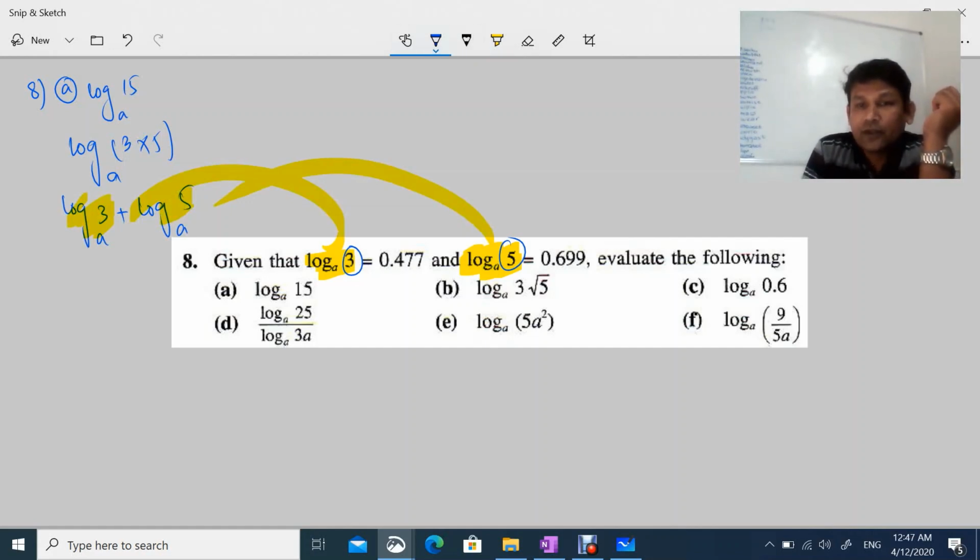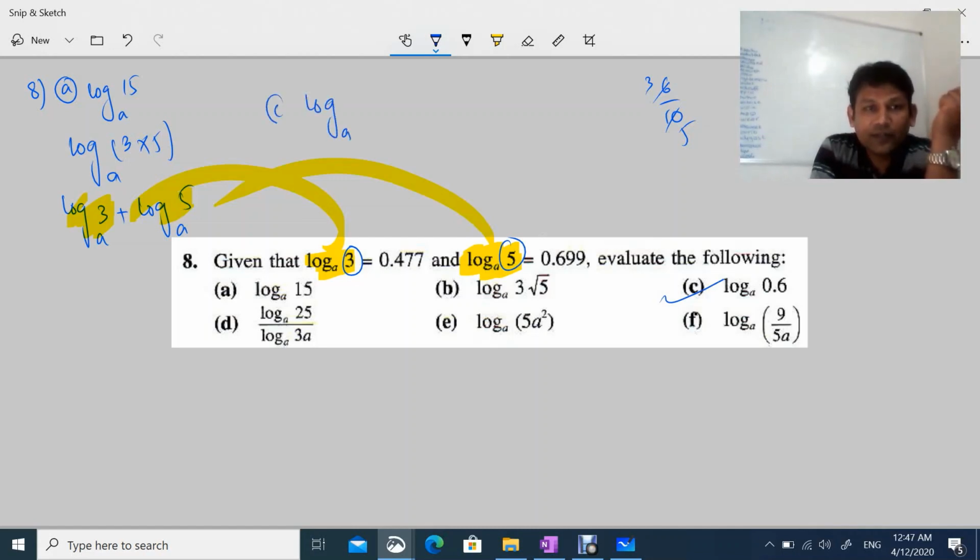Okay, this 0.6 you can write as 6 upon 10, and when you write 6 upon 10 you can write 2 times 3, 2 times 5, then 3 and 5.